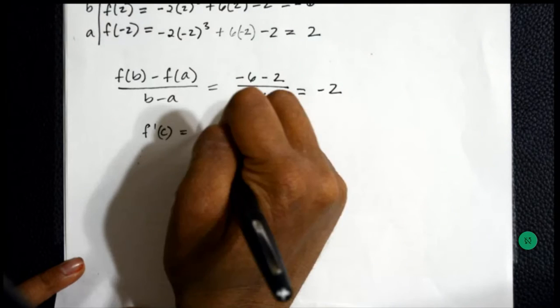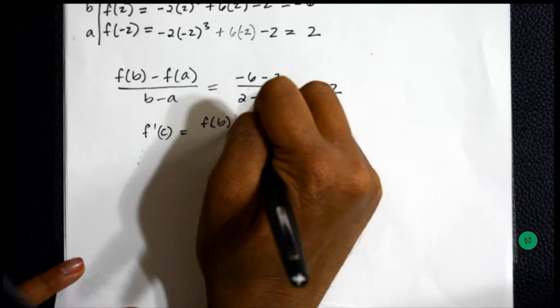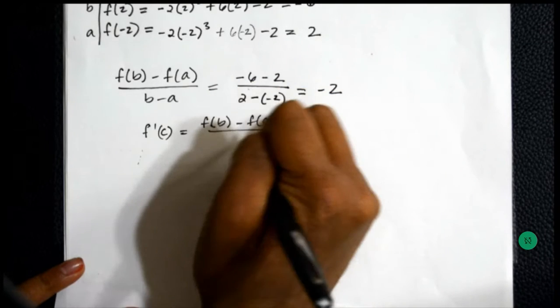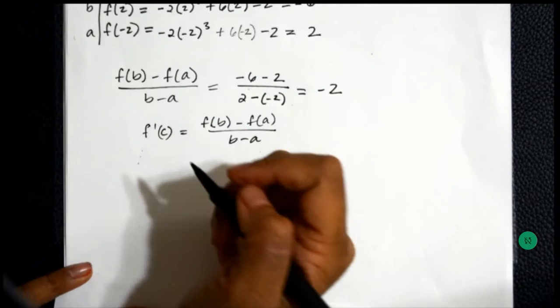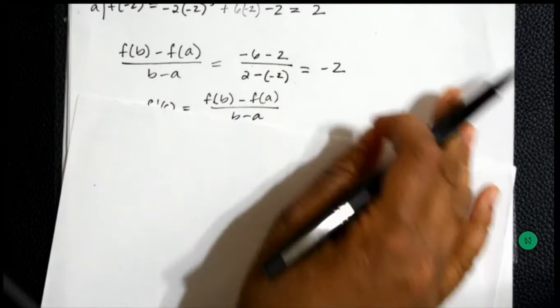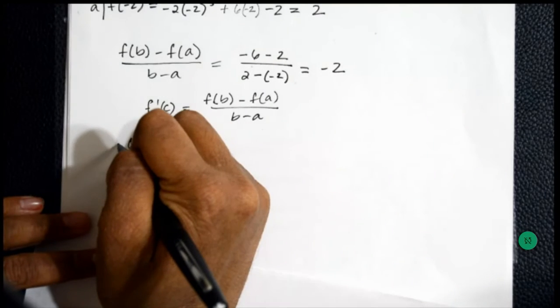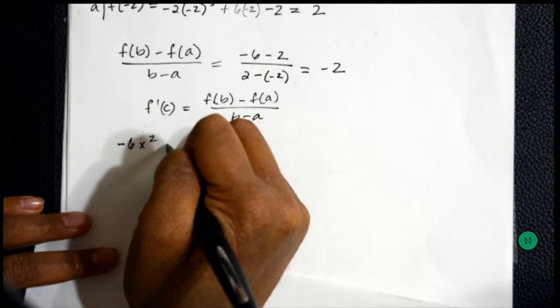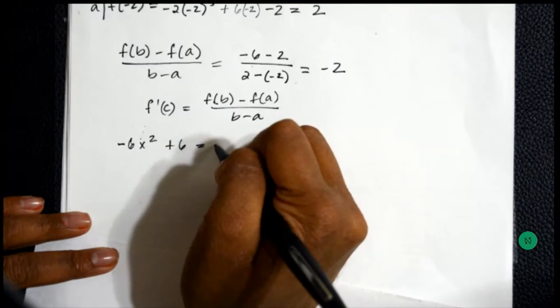Our f prime of c is equal to f of b minus f of a over b minus a, as in the mean value theorem. f prime of c is the derivative of the function, which is negative 6x squared plus 6, equals the slope, negative 2.